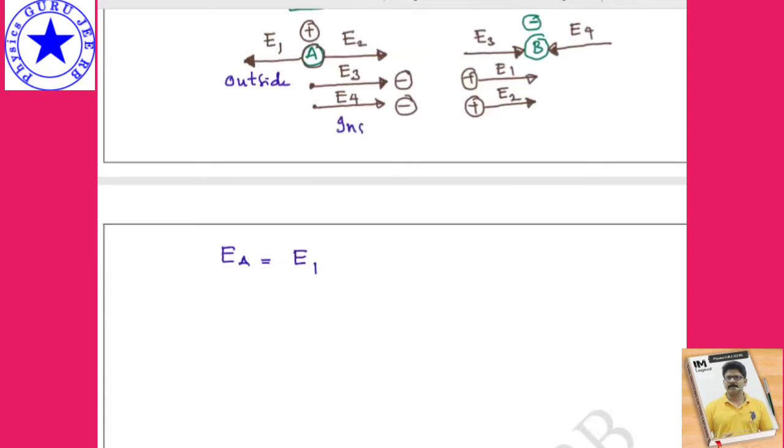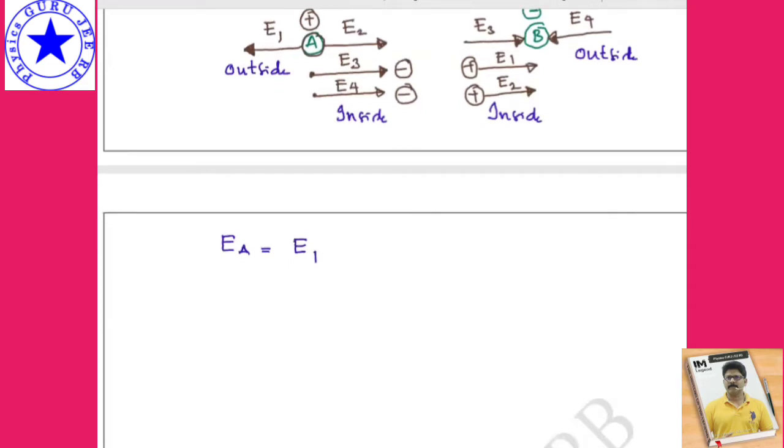Here also, this will be outside of the plates, and these are all inside of the plates. Hope it is clear. Now outside E1 is positive, remaining all are negative. That is E2 minus E3 minus E4, right?